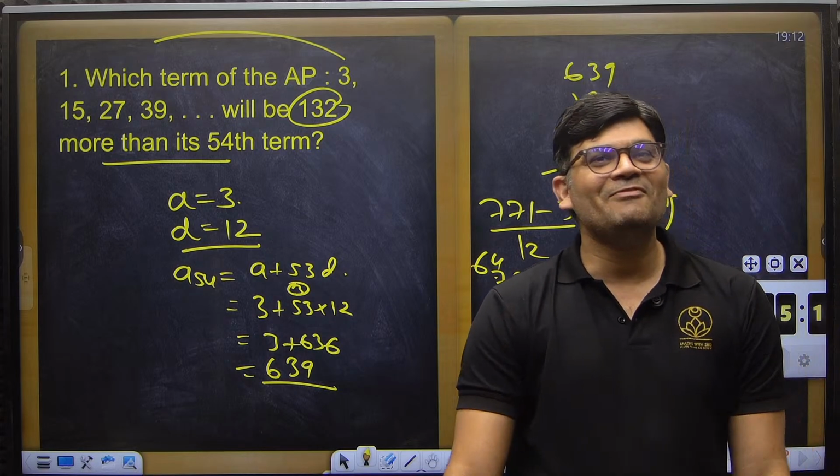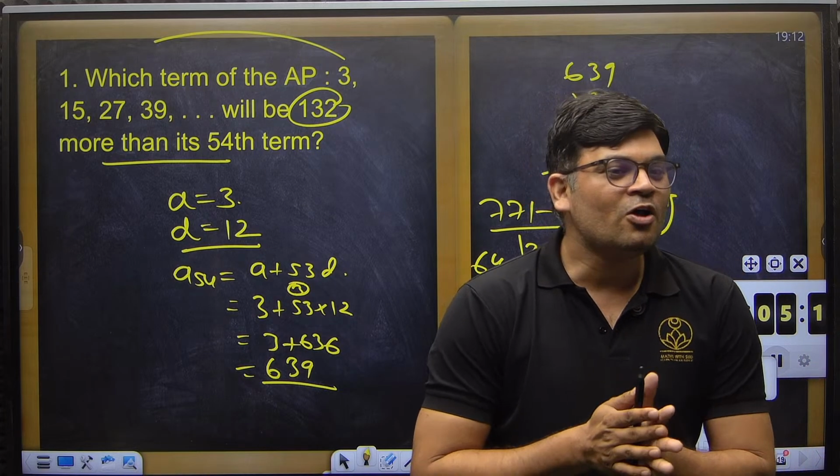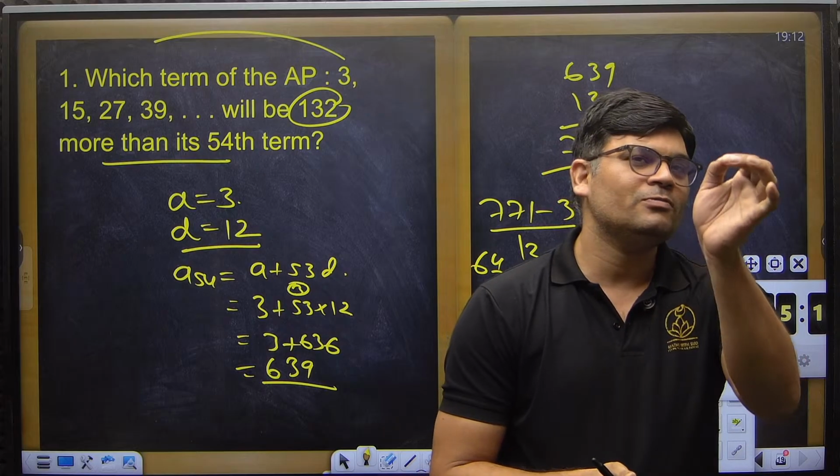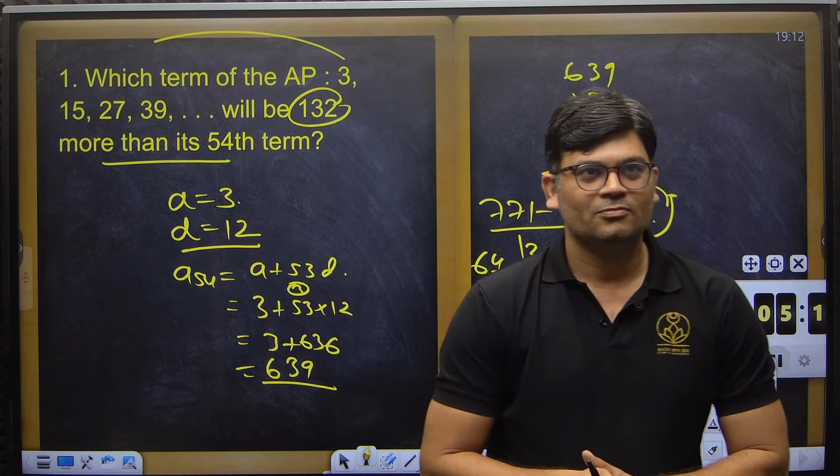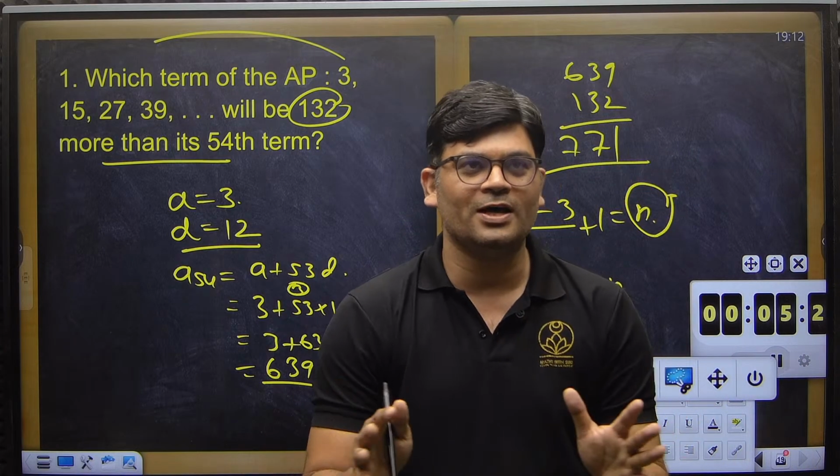Okay, so everybody done with the question now? So tomorrow we are going to... I just want to give you one more question. This is a question in front of you I am going to ask.